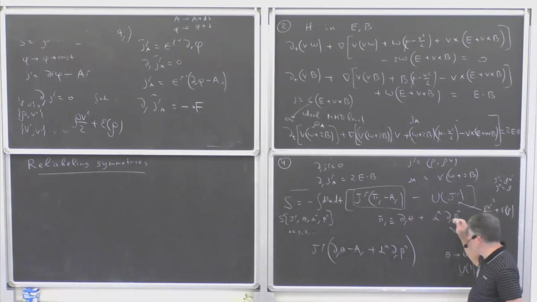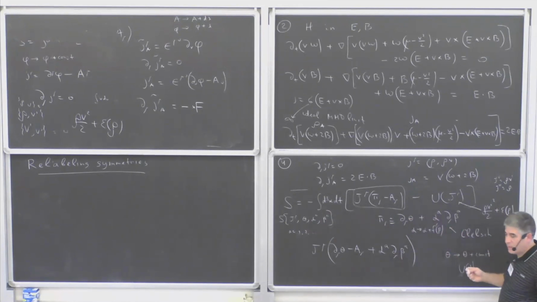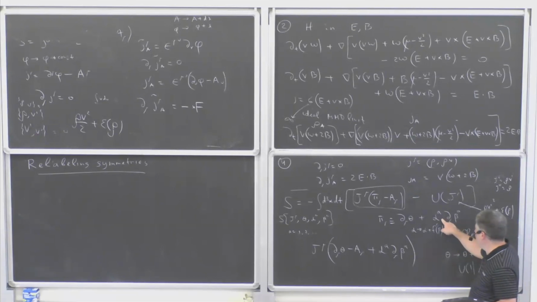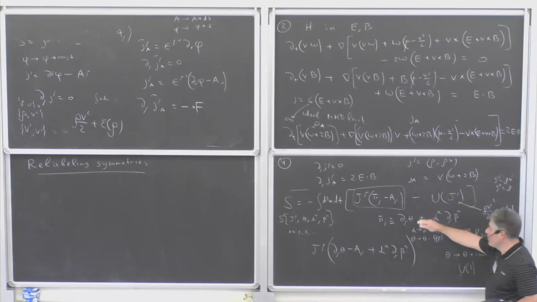Let me give you just one simple example. Take one of the alphas, or all of them, and shift it to alpha plus any function of beta, okay? So this will add f prime of beta. You can write it as d_mu of f, and you combine it with this, and if you change theta to theta minus f of beta, these combinations will remain invariant, okay?